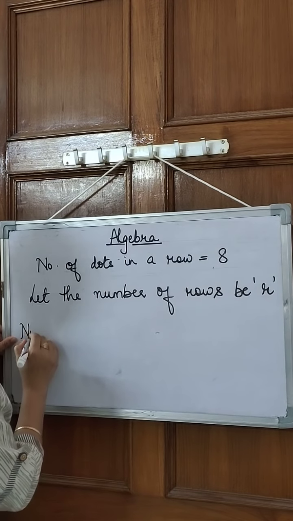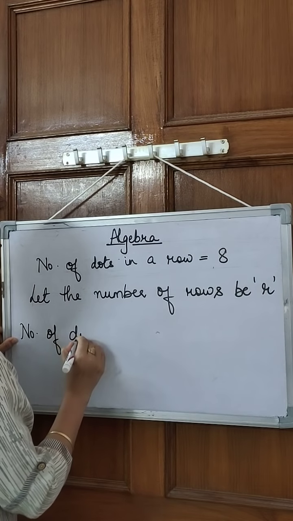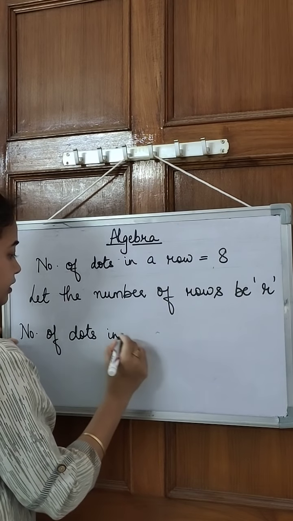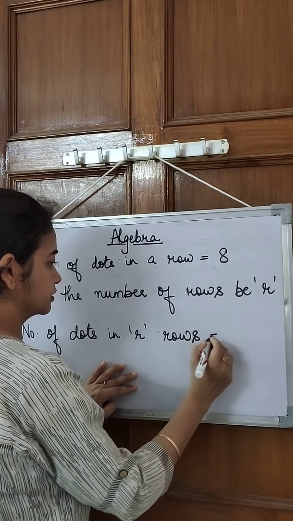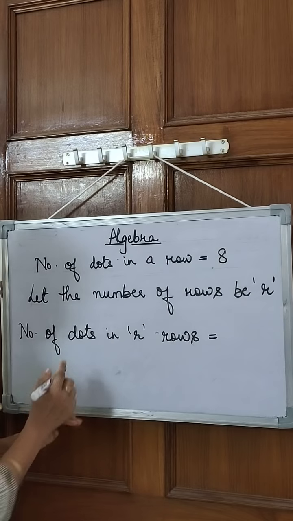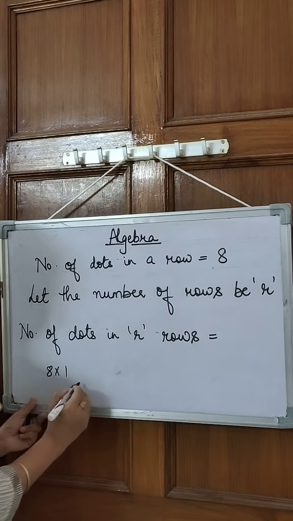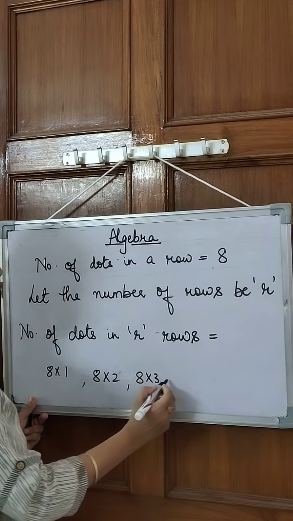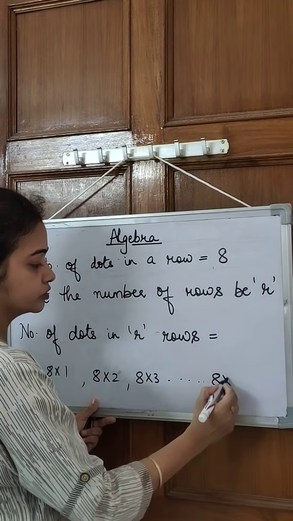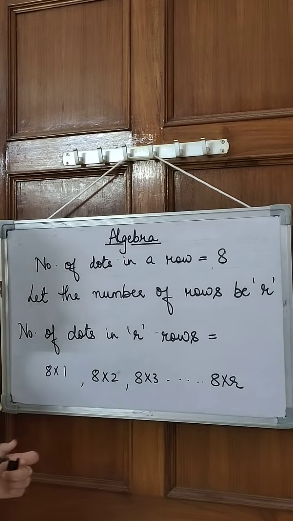So the number of dots in R rows will be what? In one row it is 8 into 1, in two rows it is 8 into 2, in three rows it is 8 into 3. So in R rows it should be 8 into R.